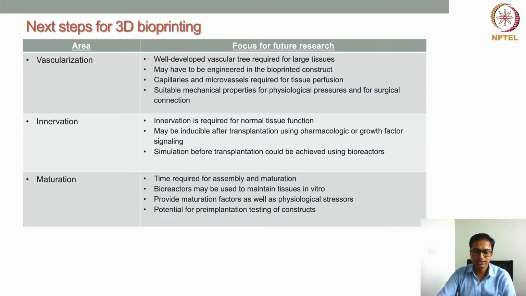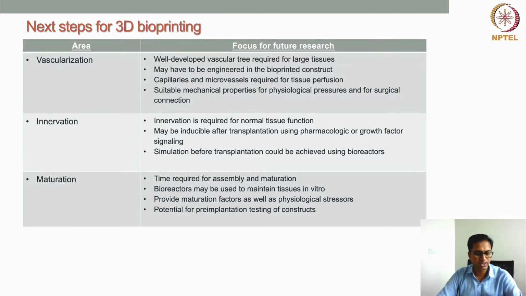All these layers are there for larger blood vessels, and for the capillaries there is a tunica intima, and then another cell type that is present, the pericytes. The pericytes are stabilizing the blood vessels. So all these things are very important for vascularization, and a well-developed vascular tree has to be generated for large tissues.